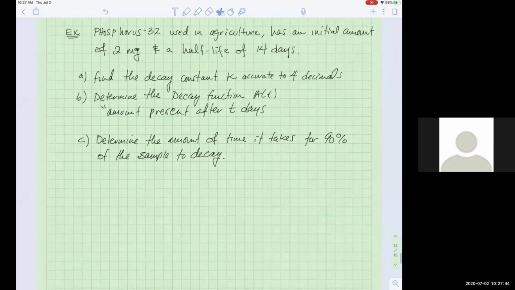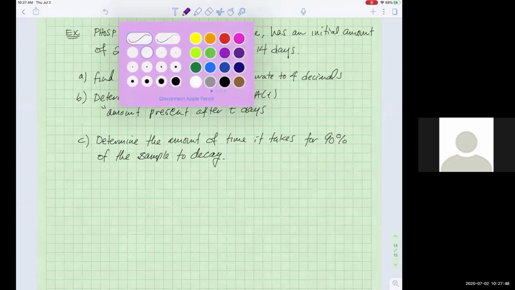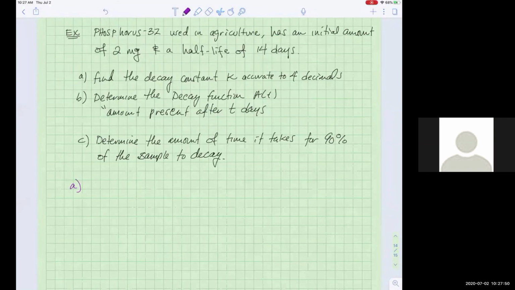Okay, let's start with A. Let's do this in a different color. Before we go any further, I just want to say I see some really interesting things when people do this problem, and there's a really obvious noob mistake that people make.